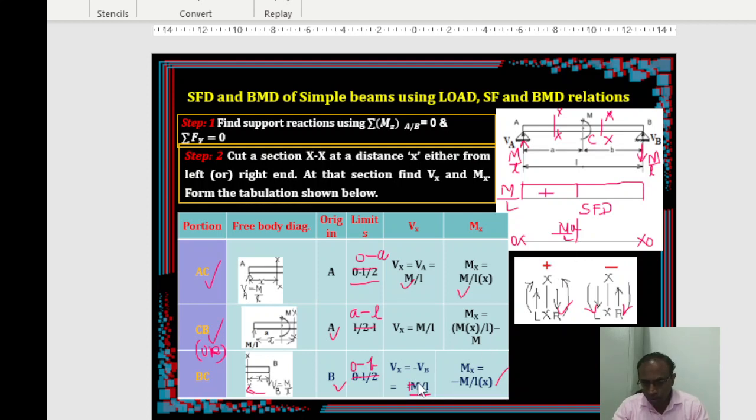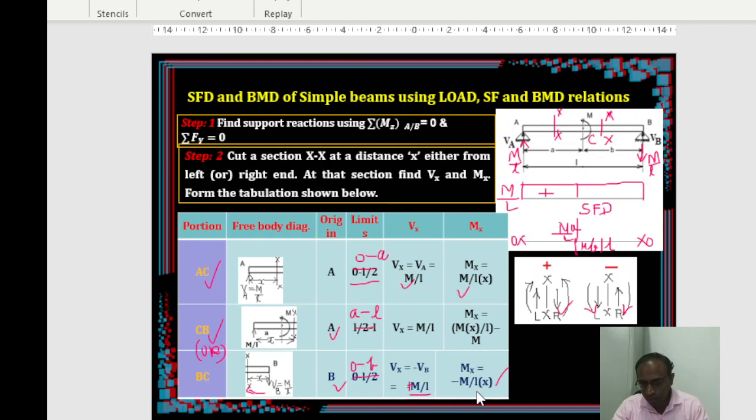Next, take this particular one. So this side we are coming now. Put lower limit 0, upper limit minus MB by L. So at this location, MB by L, I am drawing downwards because it is minus. Okay. So how to join? Look at the equation.